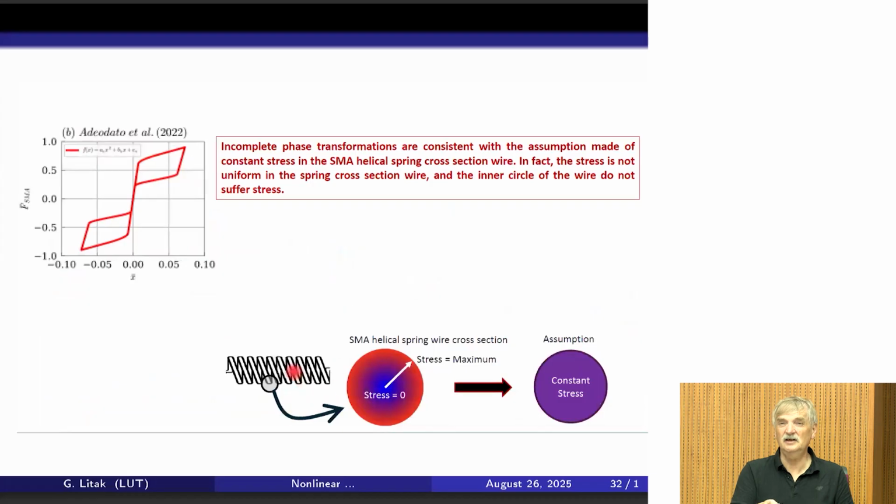The shape memory alloy spring is such a spring where you have distributed stress. It is important to be aware of these effects if you design such a system, and you know that with stress you can have partial transition.